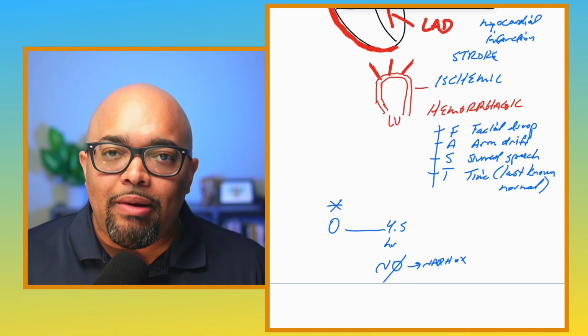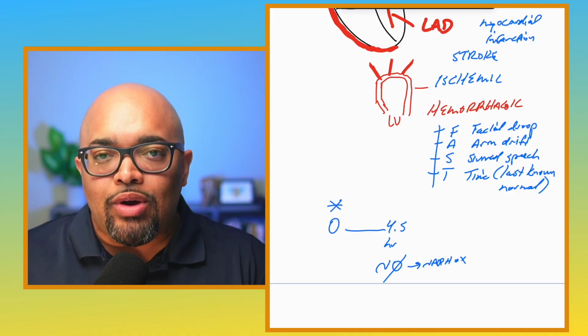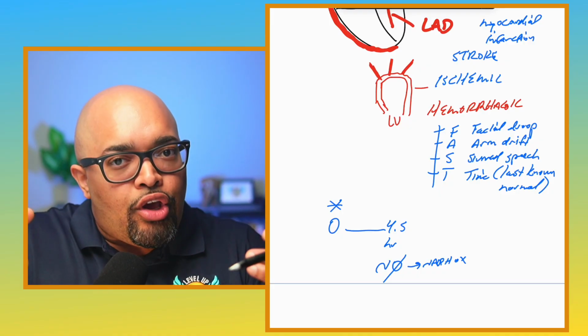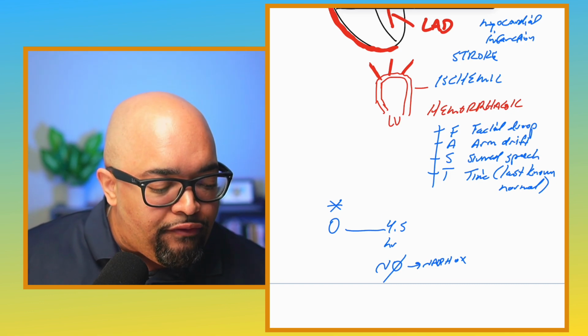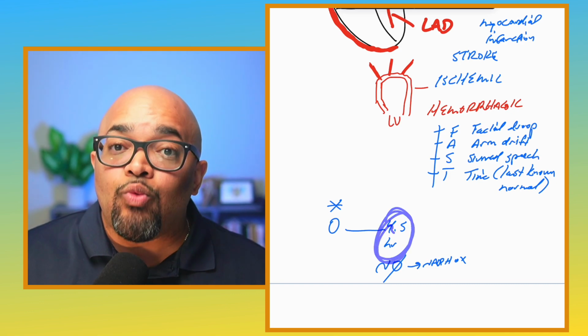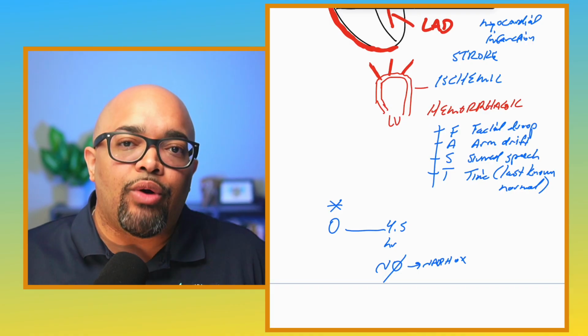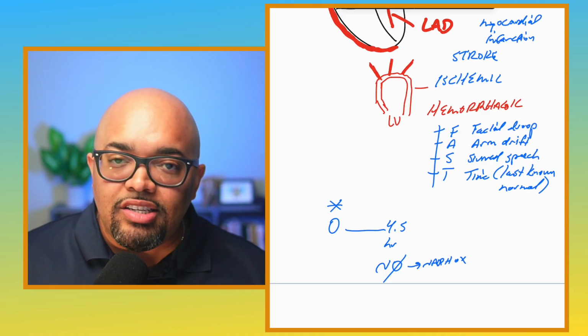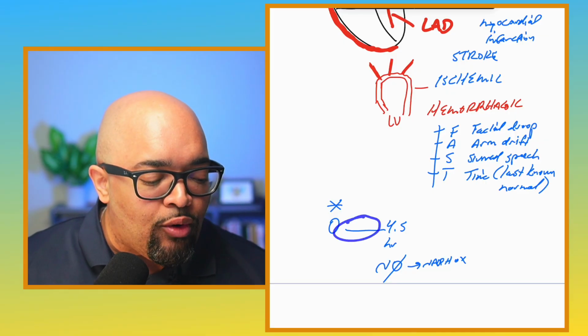The reason we care about the last known normal time in a stroke is if they're a candidate for drugs like TPA that are going to go in and dissolve the clot. We have to get that in there before these neutrophils show up, because once the neutrophils show up, it's going to cause too much damage and there's nothing we're going to be able to do. So this is why we say the quote unquote window period is less than 4.5 hours.